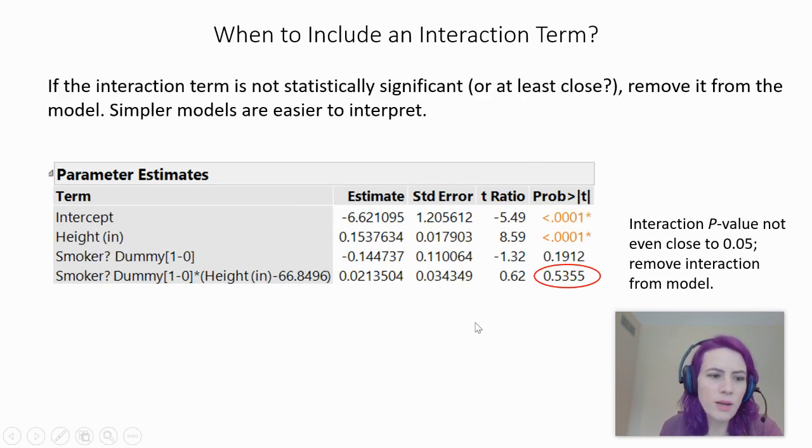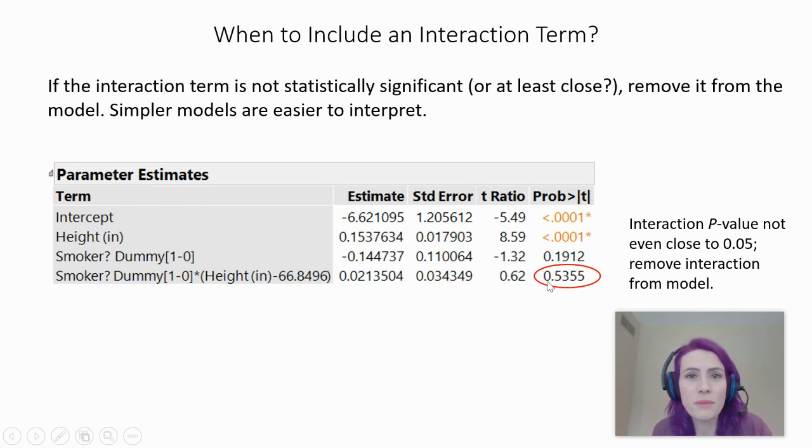All right. So remember, in the previous video, we also looked at whether the smokers versus the non-smokers were significantly different. So maybe we missed an interaction there. Well, I fit a similar model with height and the smoker dummy, and it looks like that was not statistically significant. And it wasn't even really close.